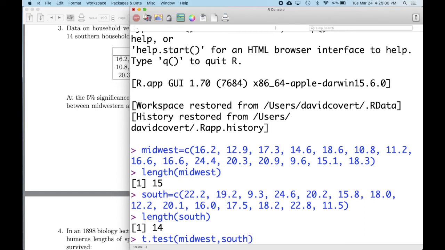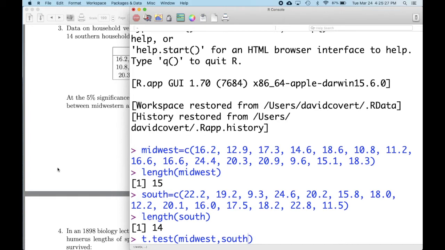I do want to point out, and I'll go through the documentation in a second, that the default setting for the t.test function is that your alternative hypothesis is two-tailed. So it's always going to assume that mu1 is not equal to mu2 as the default alternative hypothesis. And it also automatically assumes that you want 5% significance until you tell it otherwise.